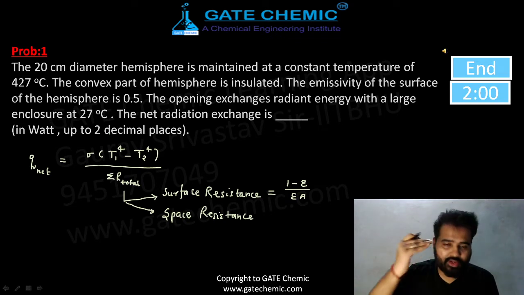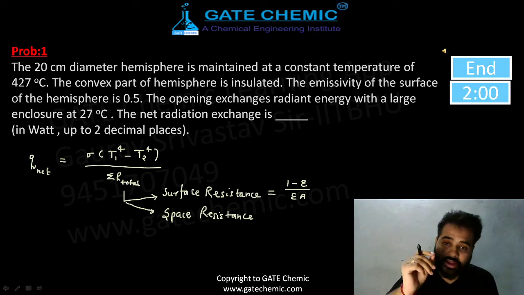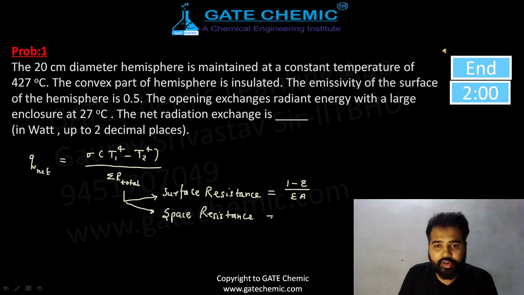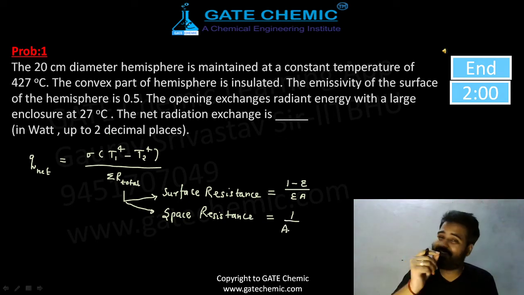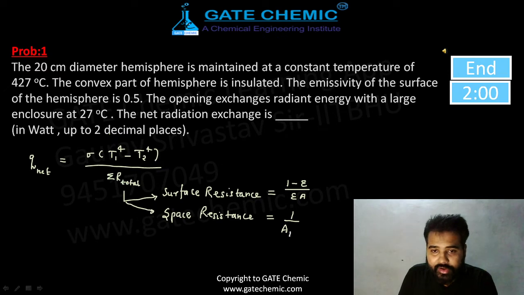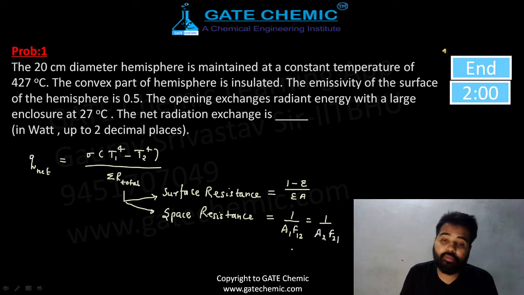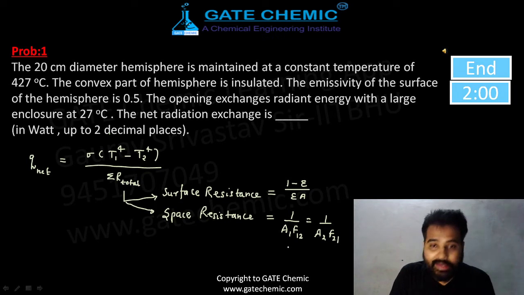Epsilon is the emissivity of that surface and A is the area there. Now for space resistance you can write 1 upon A1 F12 for a space between surface 1 and surface 2, or this can also be written as 1 upon A2 F21, because we know by the rule of reciprocity that A1 F12 equals A2 F21.